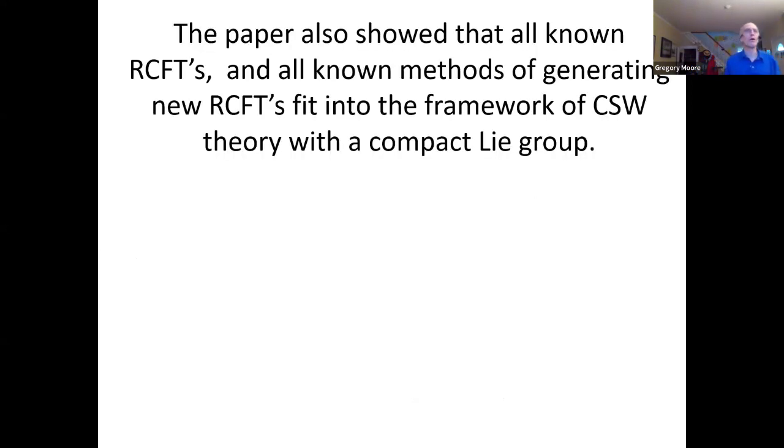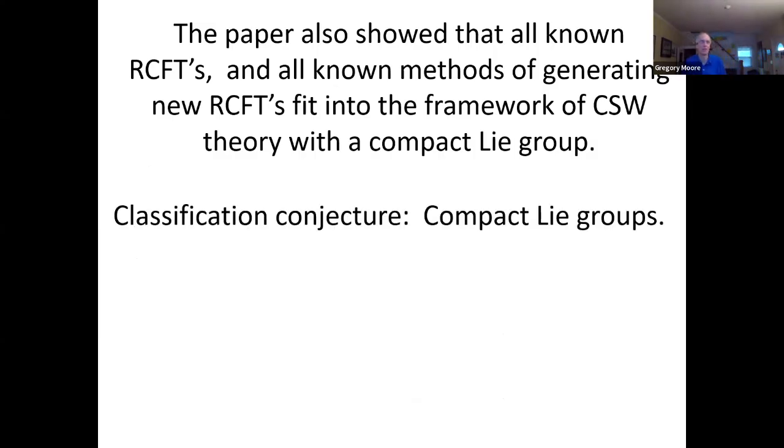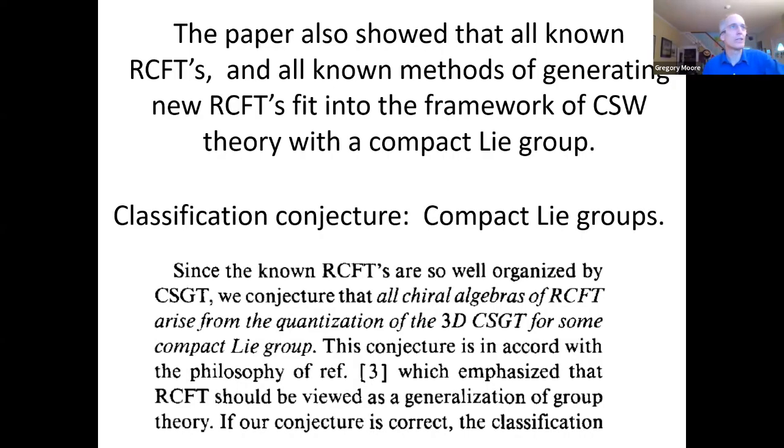Now, the paper also showed that all rational conformal field theories and all known methods of generating new rational conformal field theories fit very nicely into the framework of Chern-Simons-Witten theory with a compact group at some level. So that led to a natural classification conjecture. We conjectured that all chiral algebras of RCFT arise from the quantization of 3D Chern-Simons gauge theory for some compact Lie group.